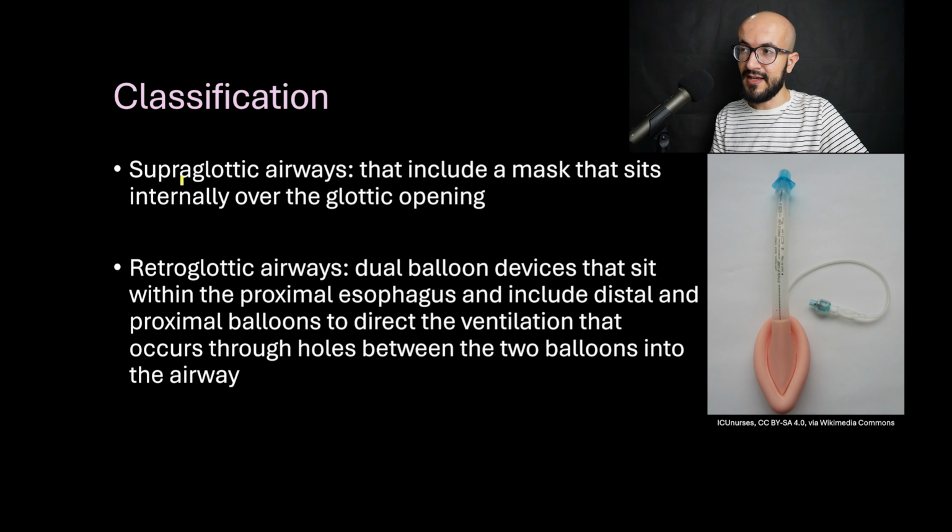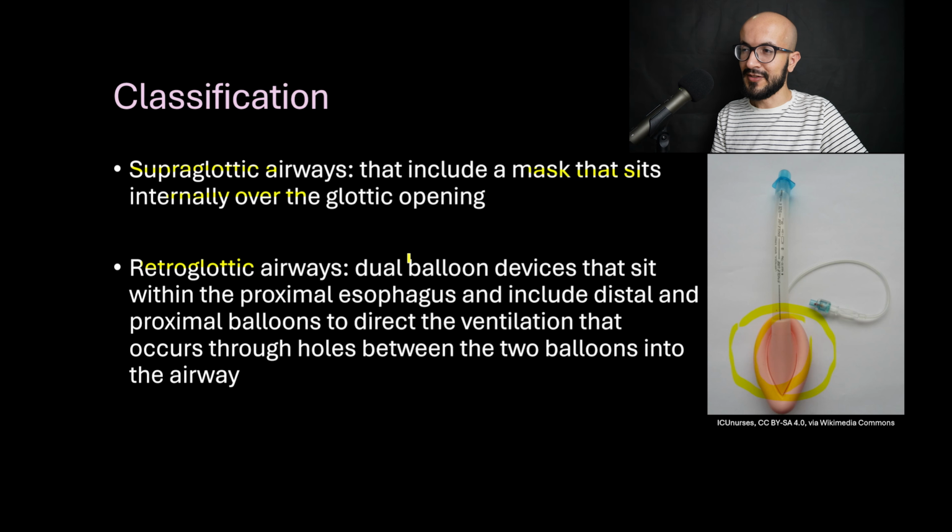So EGDs are classified into supraglottic airways and retroglottic airways. So supraglottic airways include a mask that sits internally over the glottic opening. An example for a supraglottic airway is the laryngeal mask airway you can see here. So it includes this mask here that sits over the glottic opening and provides an airway for ventilation.